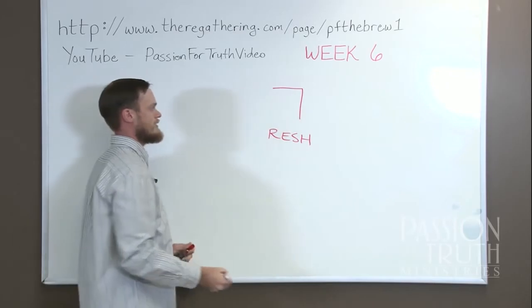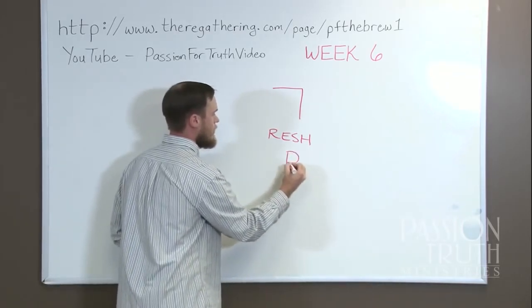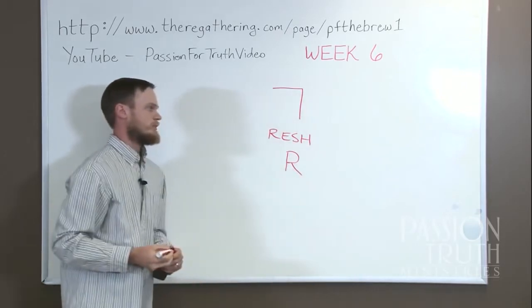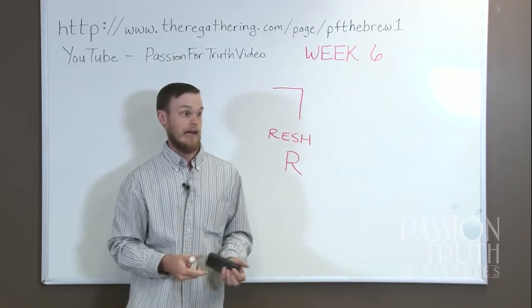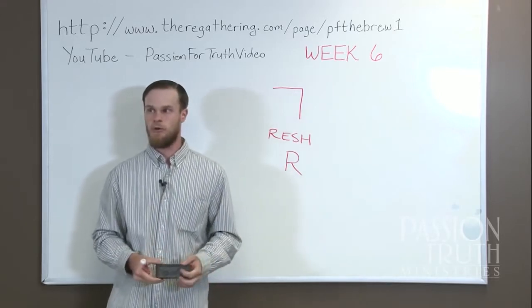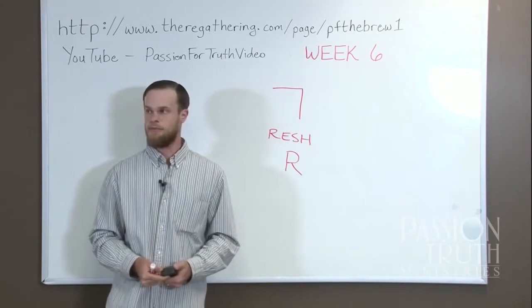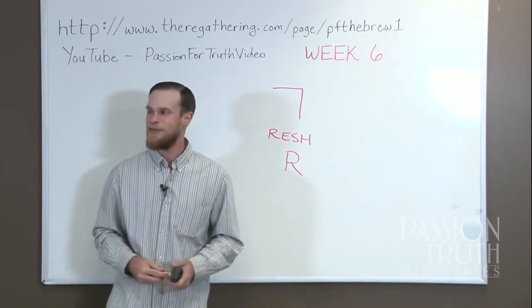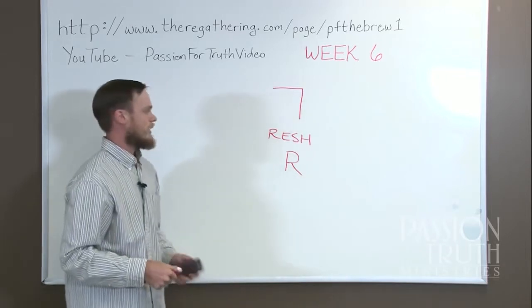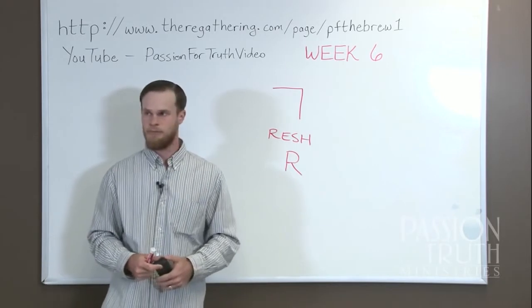The resh makes the sound of the letter R. My understanding is that originally the resh made the sound of a rolling R, like in Italian, or even the double R in Spanish. It's difficult for me to do because I don't do that on a daily basis. But in modern Hebrew, it's simply pronounced as an R, as we think of an English R.